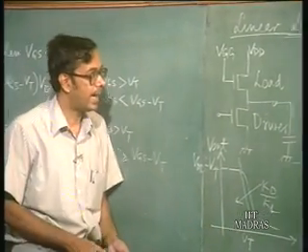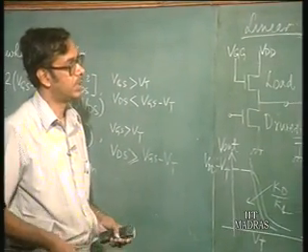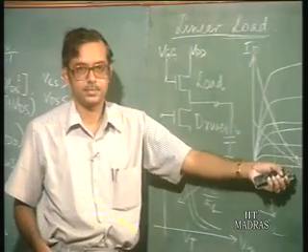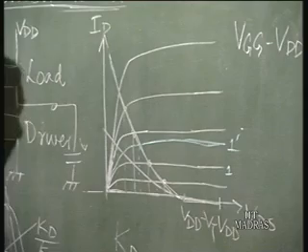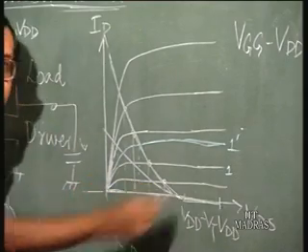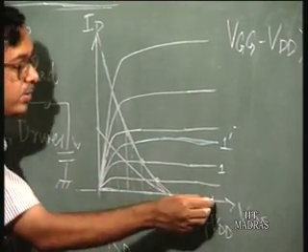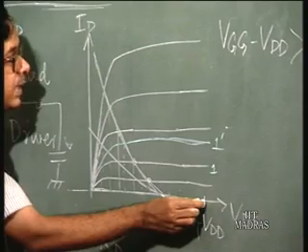So if you look at the load line for this, if I may draw it here again on the same characteristics, for the linear load, it is going to be something like this.